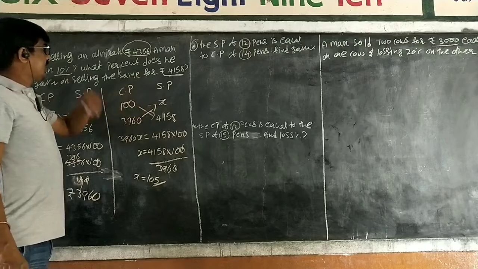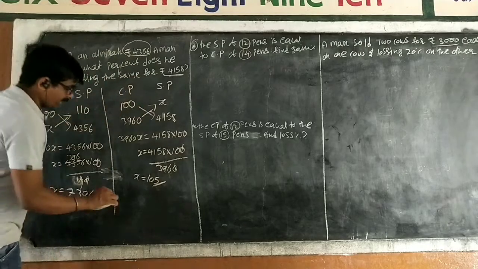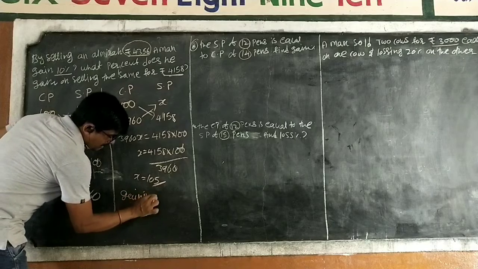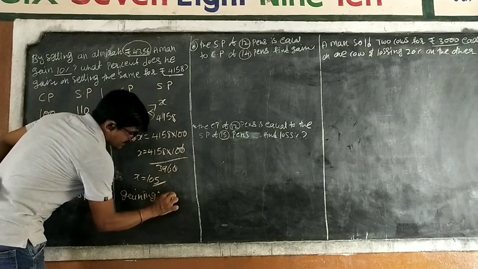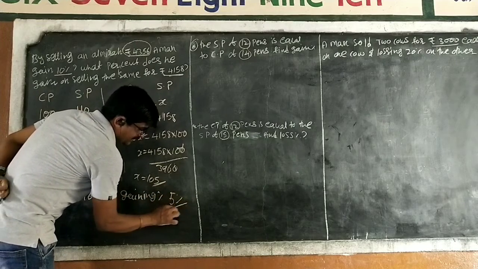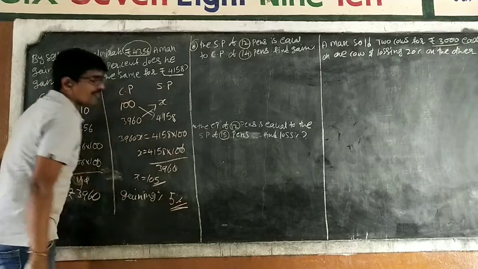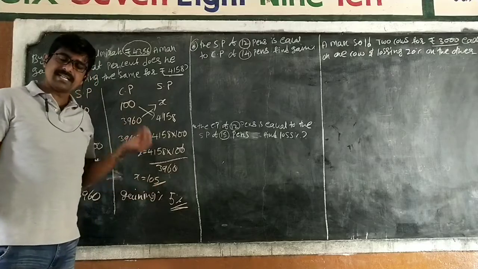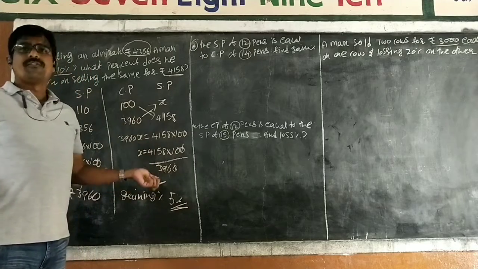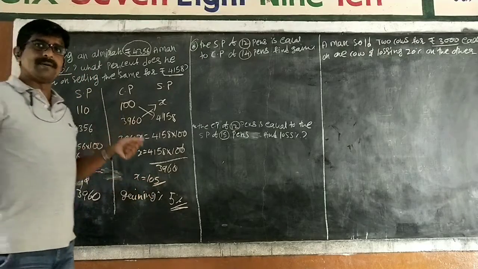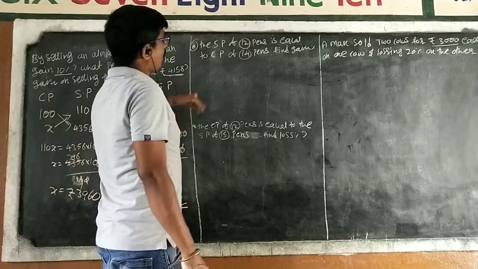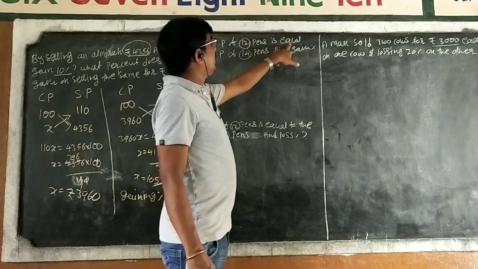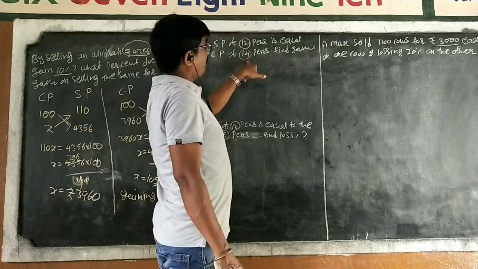That means the gain percentage is 5%. If it is more than 100, then how much? 5%. 5 is the gaining percentage.